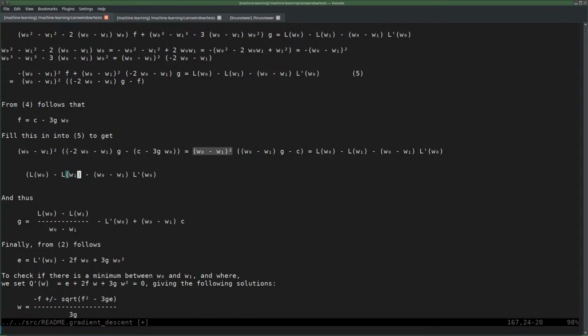We get this divided by that, and then this divided by that, and then we have this. So now we have to add C, and then divide by this again. My God, doesn't even look remotely the same as what I have here.